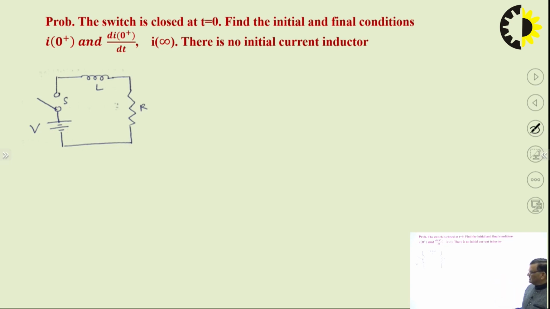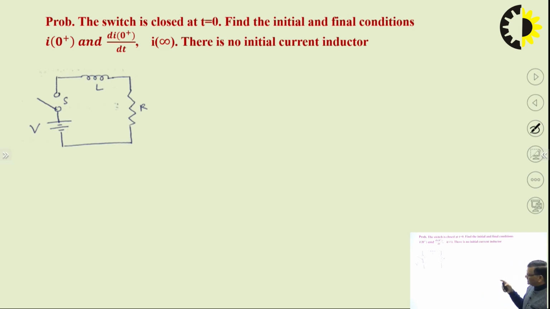In the given circuit, the switch is closed at t equal to 0. So at t equal to 0 plus the inductor behaves as an open circuit, and then we can find the current through the resistor or inductor. But in the given question, it is also required to find di(0 plus) upon dt, the first derivative.